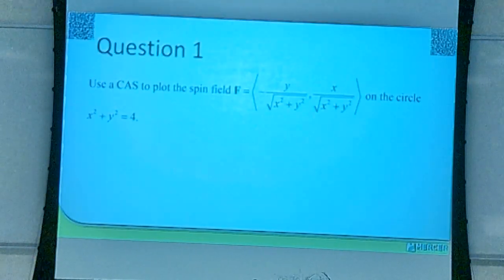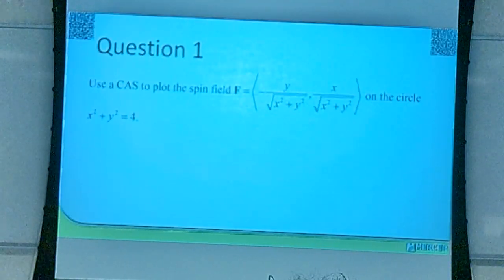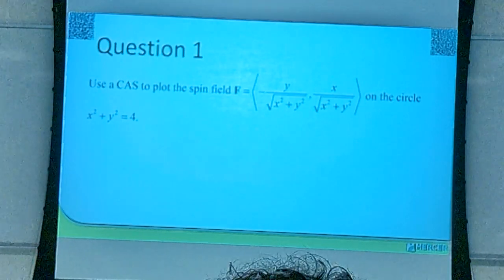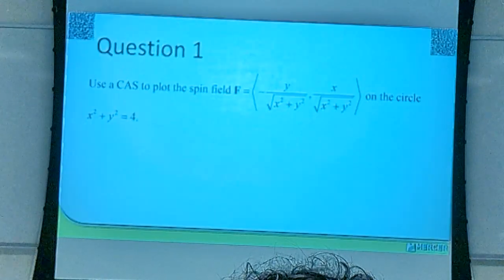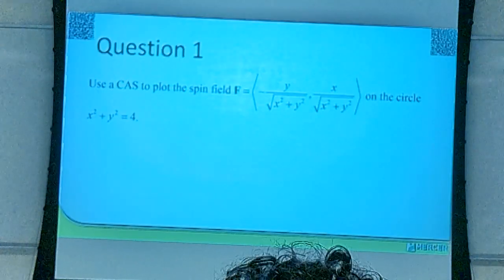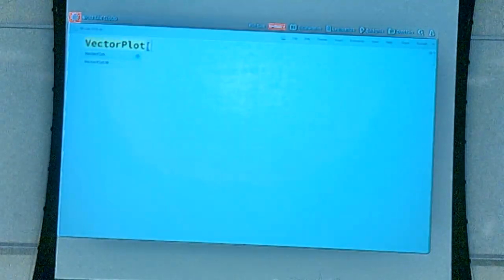Let's plot 2 vector fields. First, the spin field. The command is vector plot.